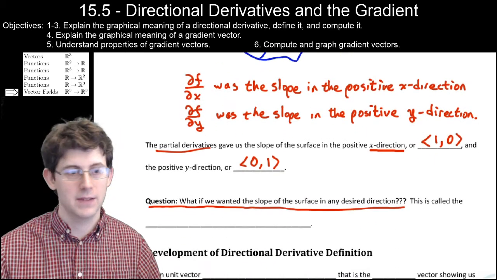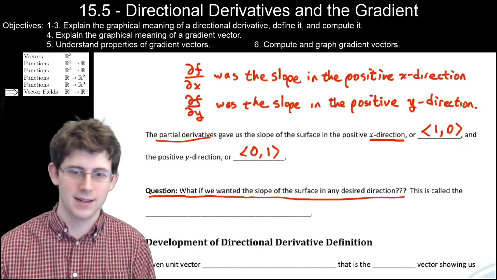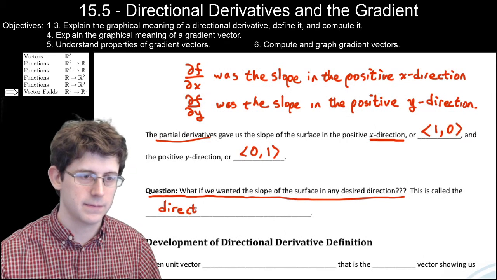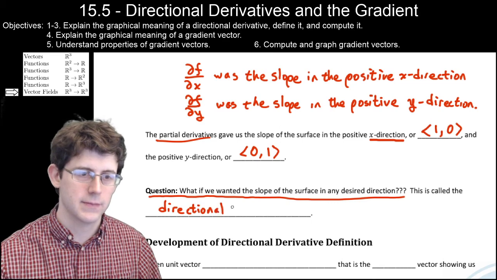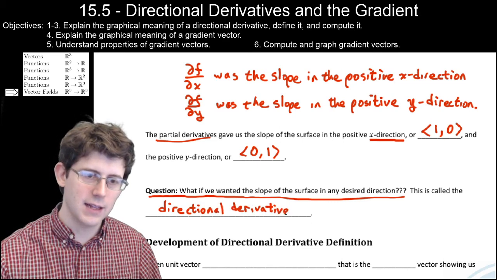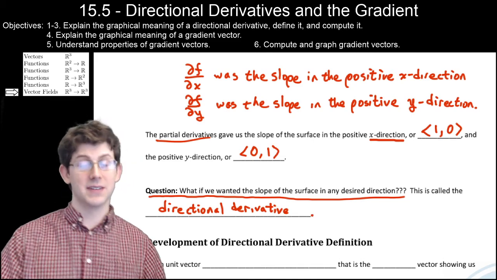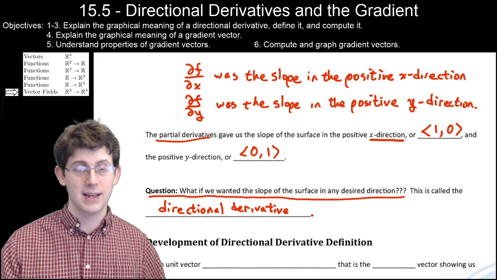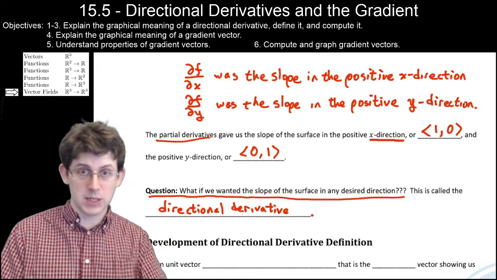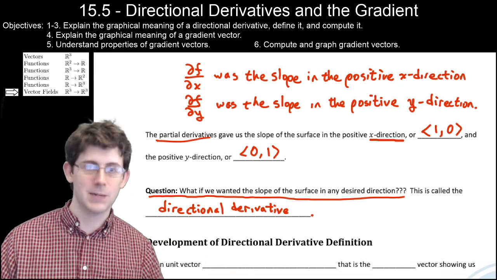So if you think of that, then this is called the directional derivative. The path of this section is we'll first figure out what the directional derivative is as a formula. And when we get through the end of the formula, we'll realize that there's this thing that keeps showing up, and then we'll name it, and it'll be called the gradient.